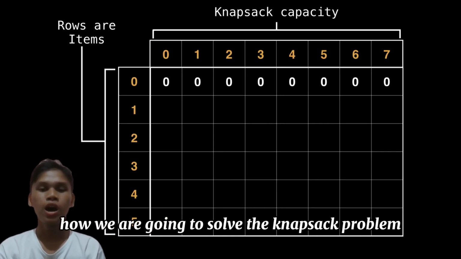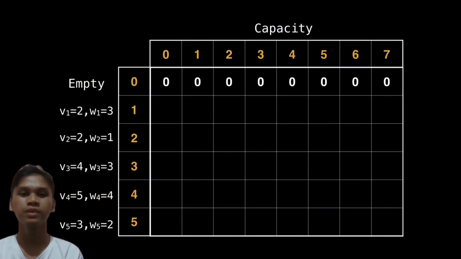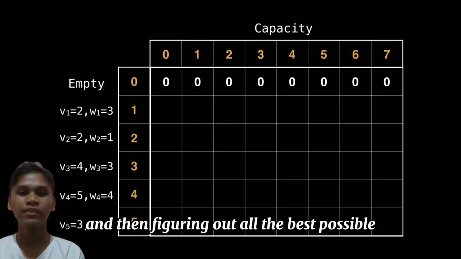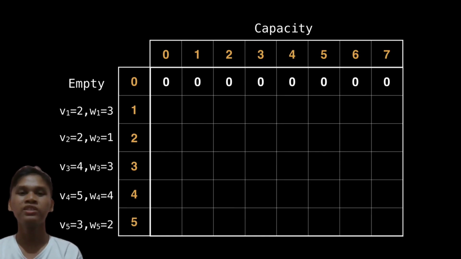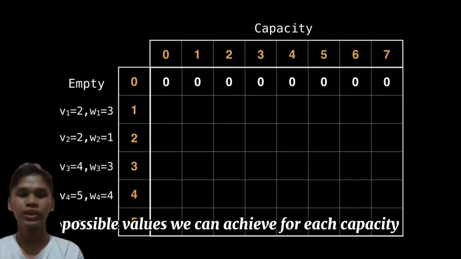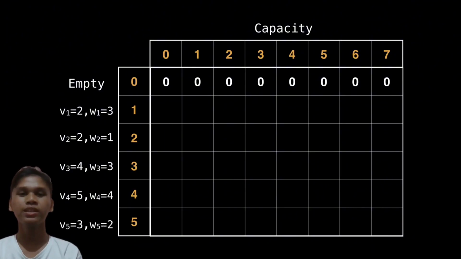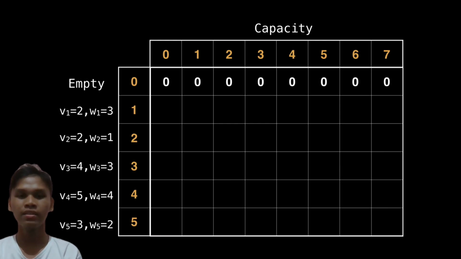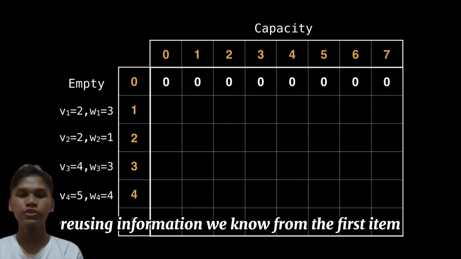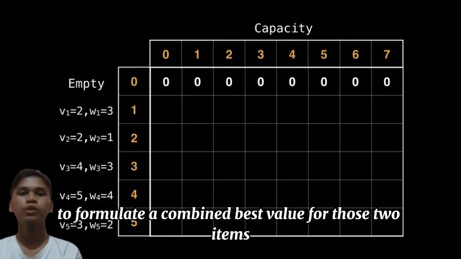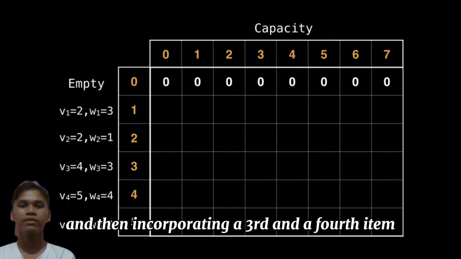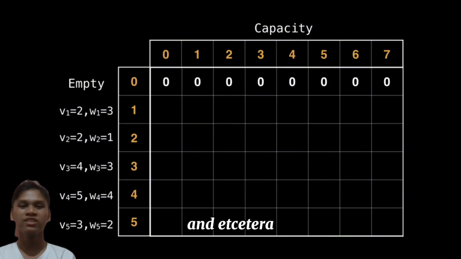How we are going to solve the knapsack problem is by considering the first item and figuring out all the best possible values we can achieve for each capacity, and then considering the second item and reusing information we know from the first item to formulate a combined best value for those two items, and then incorporating a third and a fourth item, and so on.